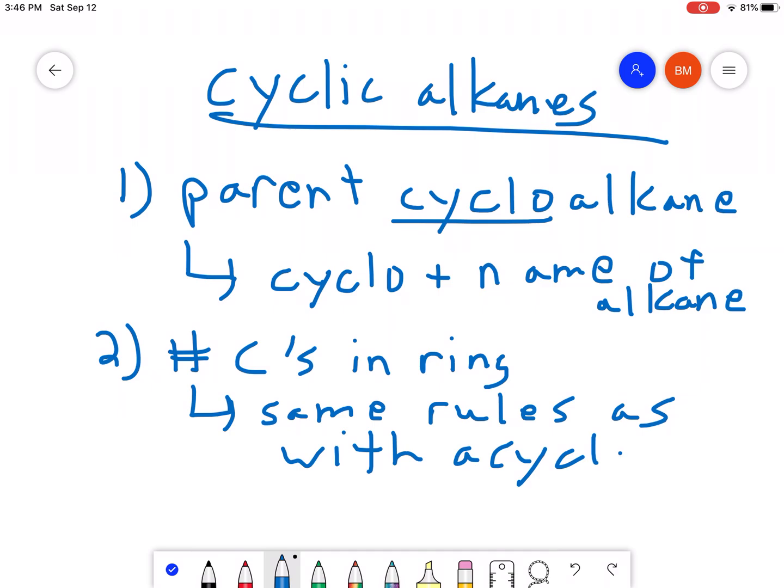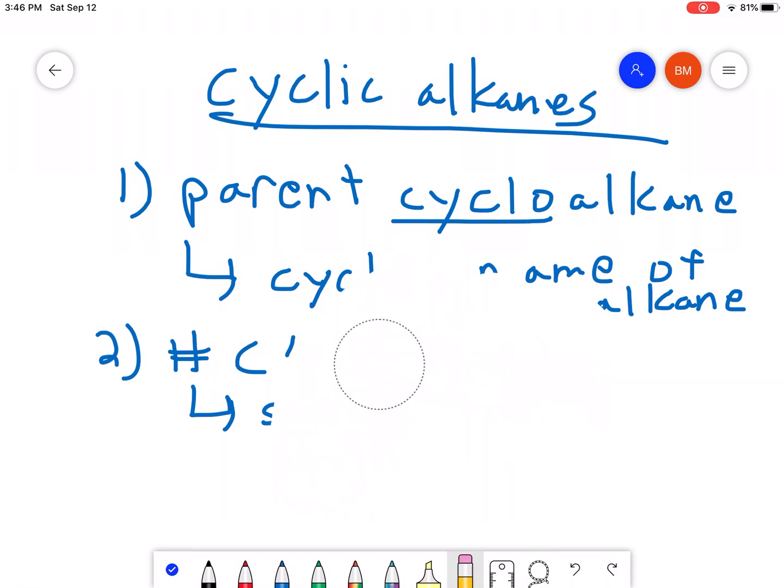You're going to try to number it to give carbons with substituents the lowest possible number. You'll have ties. If you have ties, you follow the same guidelines that you did before. You don't necessarily go clockwise or counterclockwise. Sometimes you'll go clockwise, sometimes you'll go counter whenever you're doing this. Right? It just depends. Okay?